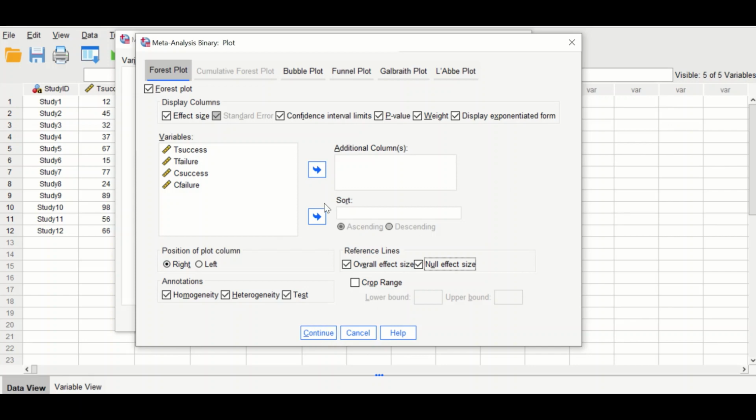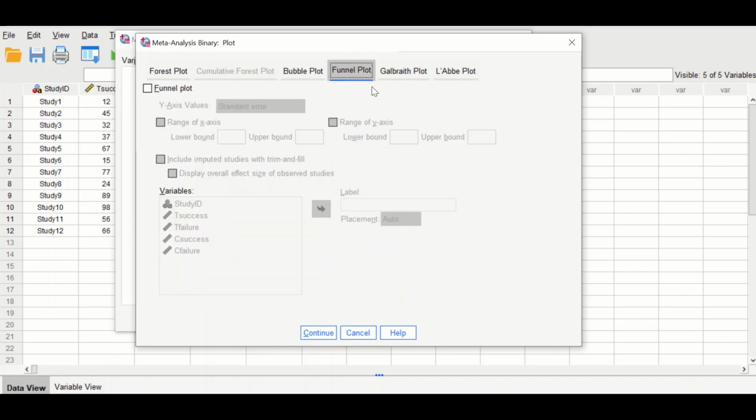So this section is for the forest plot. And if we are also interested in simultaneously generating a funnel plot for publication bias, tick on the funnel plot and then move the study ID into this section.